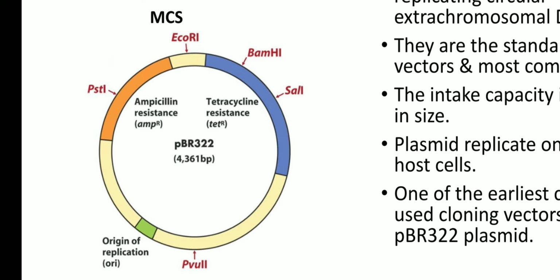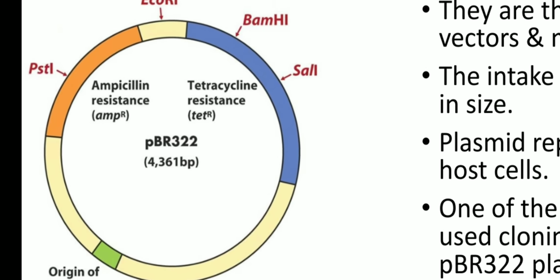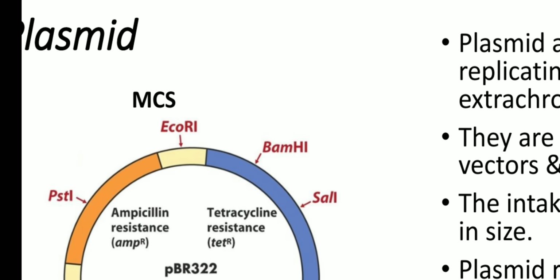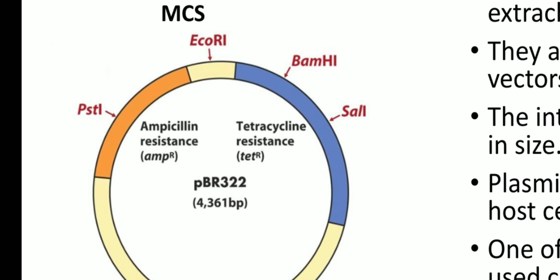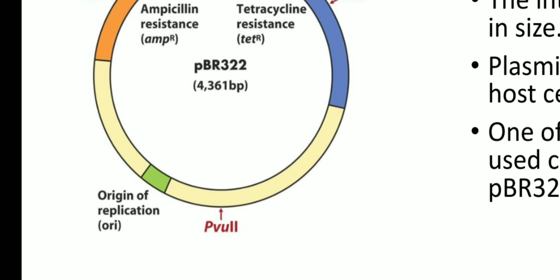Generally, plasmids are composed of three major components. One is the origin of replication site, one is the multiple cloning site MCS, and another one is the ampicillin resistance gene and tetracycline resistance gene, which are antibiotic resistance genes, also called marker genes. What is the ORI site?